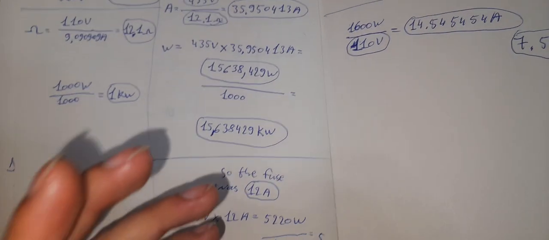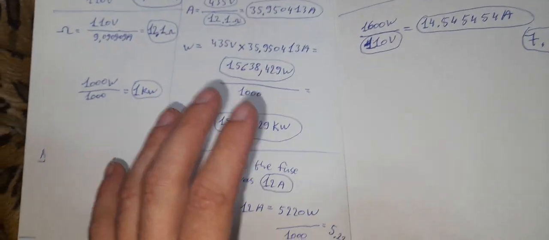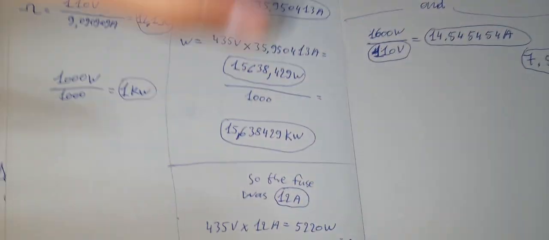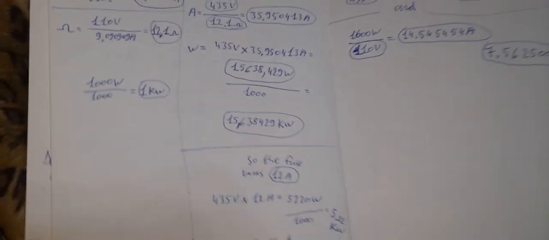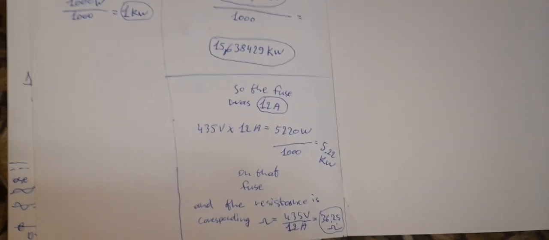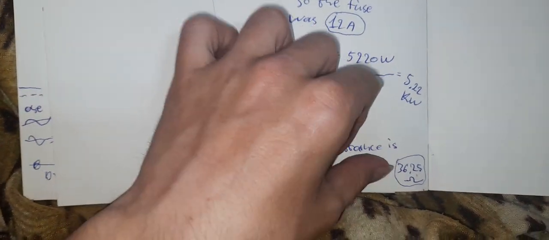That's the messy thing with resistance when you work with power and calculations, because it's not the same for that voltage and it's not the same for that voltage.